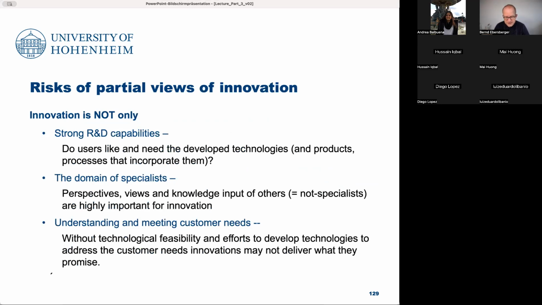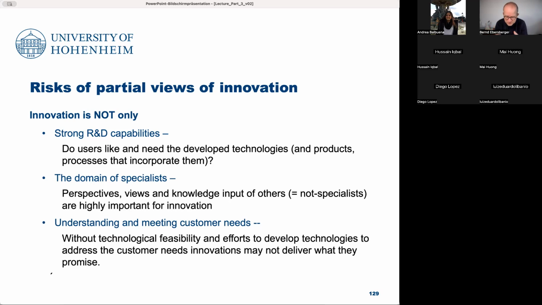And when we look at innovation, and we tend to think that it is only a function of R&D capabilities, we're also misguided. It is not only R&D capabilities within your company or outside of your company, that you can hire through outsourcing of R&D. We talked about this as well. No, it's not. There's also, as we have seen last week, the consumers.